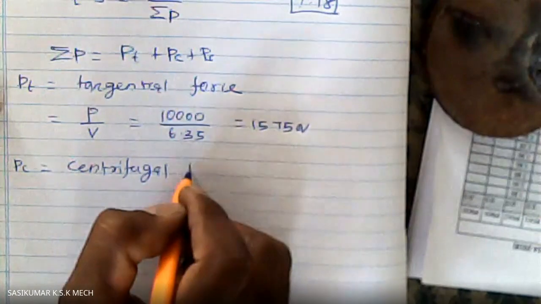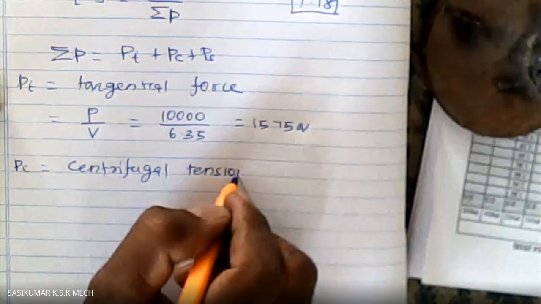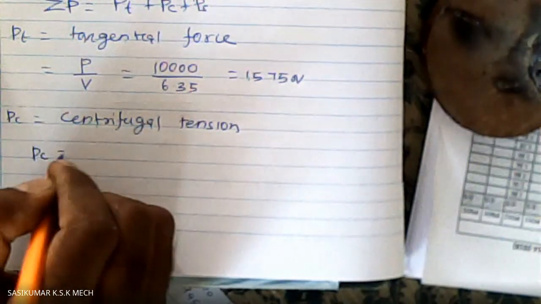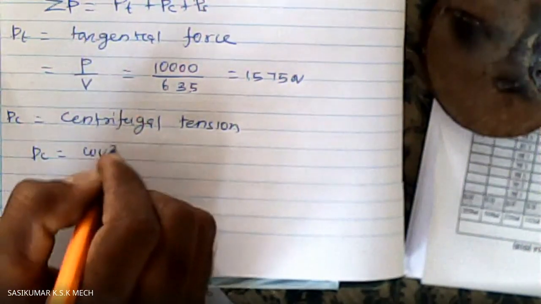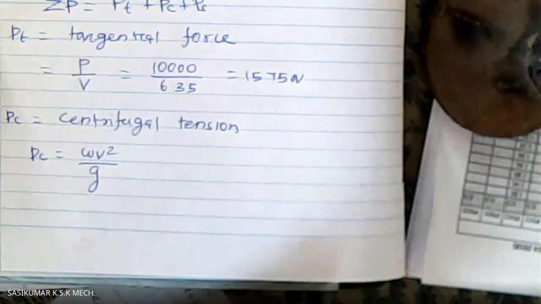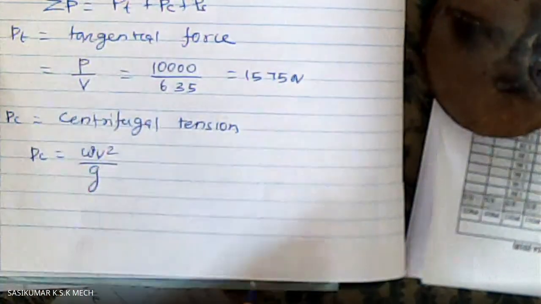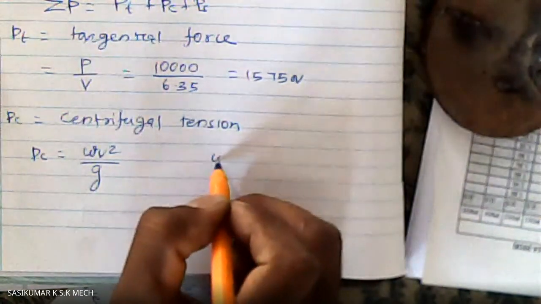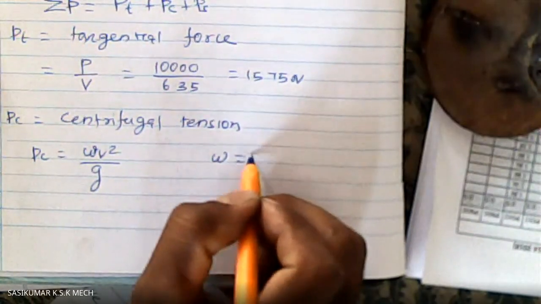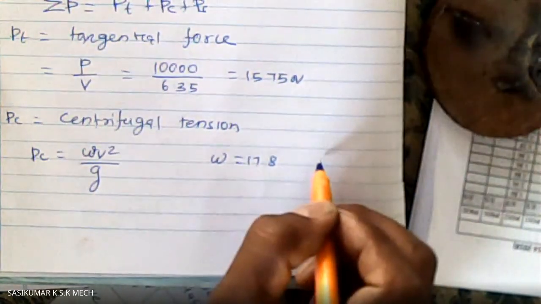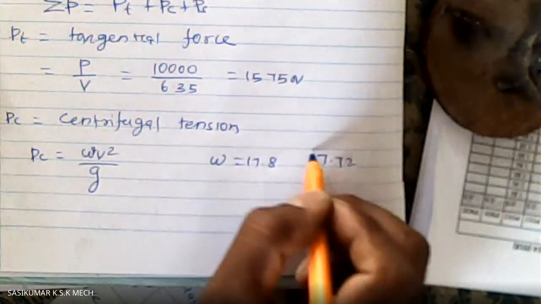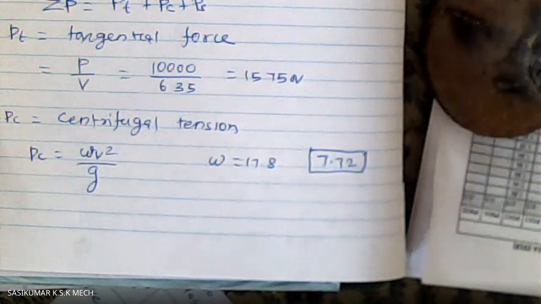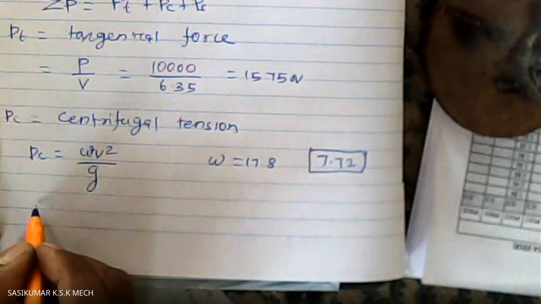PC is the centrifugal tension. PC is equal to small w v square divided by g. Small w is nothing but weight of the chain. On page number 7.72, you have weight per meter of the chain as 17.8. Once that is known, the remaining data are available.